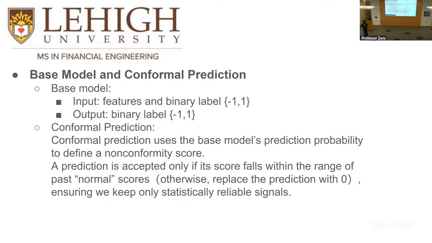But finally, we want our output to have -1, 1, and also 0 because we won't trade all the time. So we add a conformal prediction part. The conformal prediction will help us to filter out the low confidence -1 and 1 and replace them with 0.